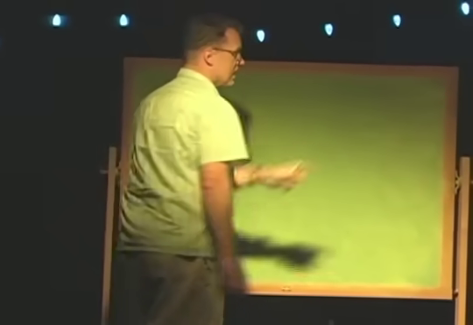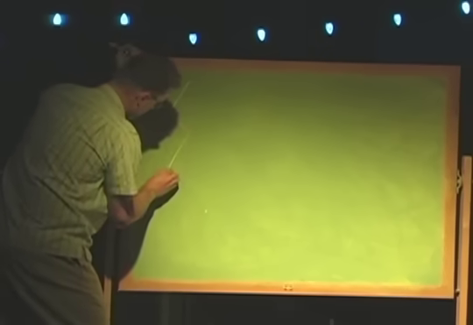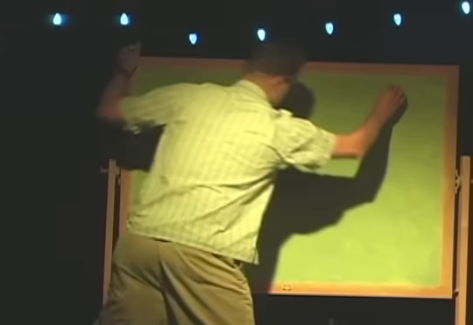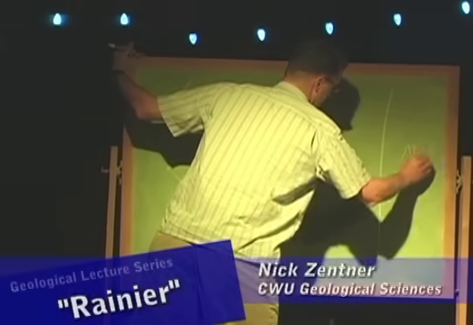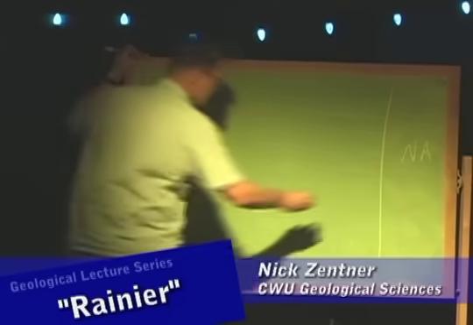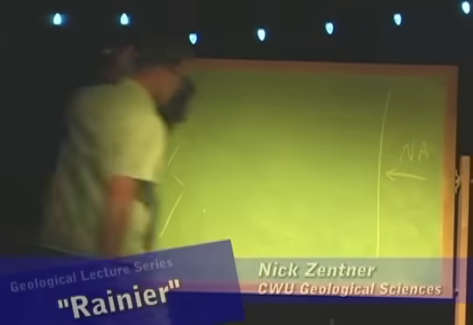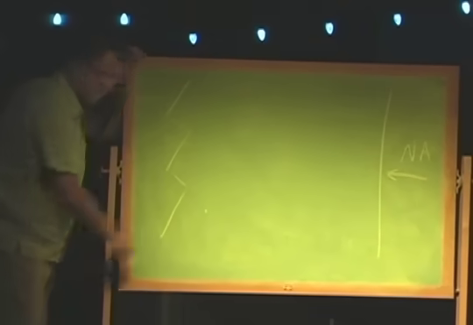Let me draw the same thing on the chalkboard here. Now, why would I draw the same thing? I want to draw the same thing, but I want to draw a map. Instead of a side view, I want to draw a map of the same view. And I'm going to do this, and then I'm going to do this. Okay, what is this? So this is North America. Now we're looking down from heaven onto North America, moving west. And what is this zigzag pattern out here?